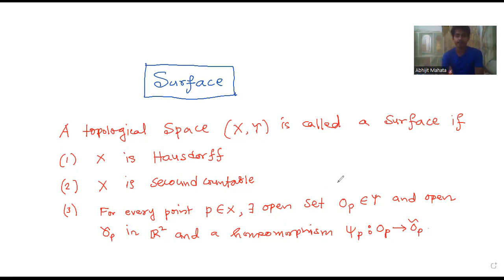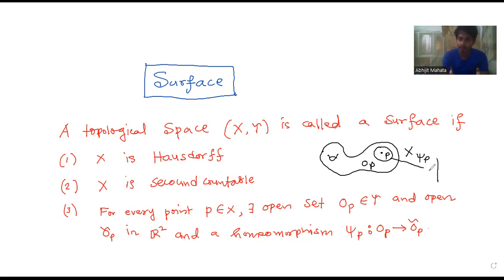So see what I am trying to tell here. It is intuitively clear that if you have something like this, let's say we call this X. We call it a surface if it is second countable, and if we take any point P here, then we can find an open set around P, called OP, which is homeomorphic to an open set in R2.